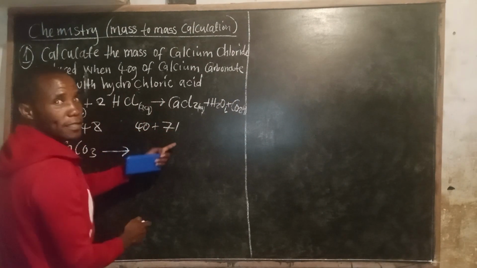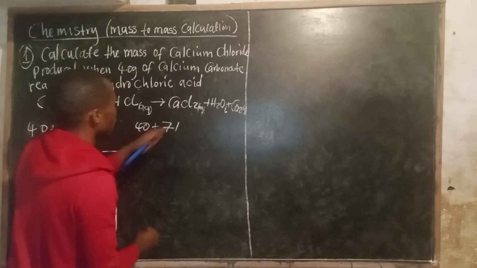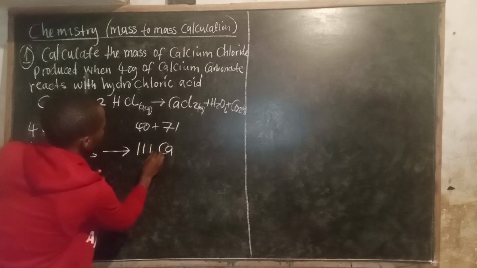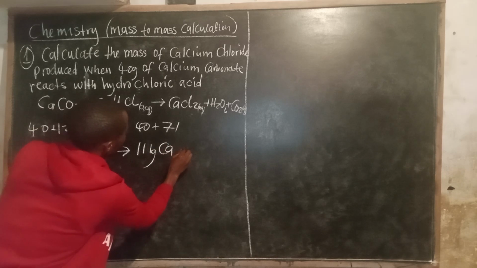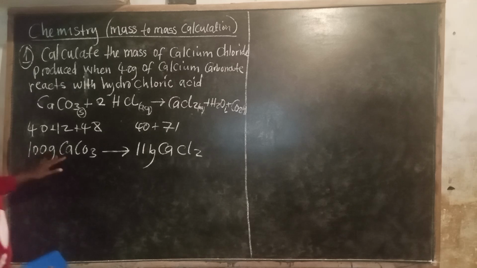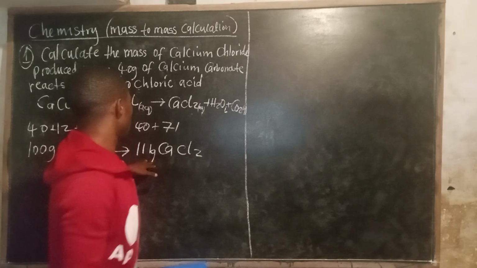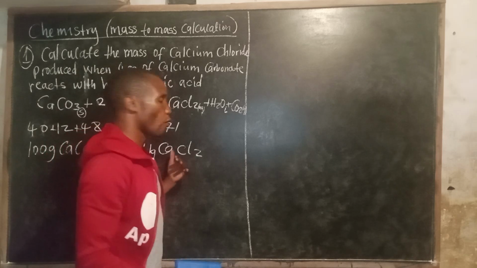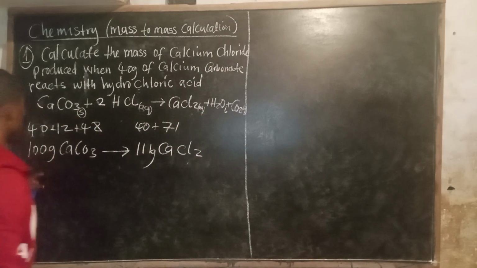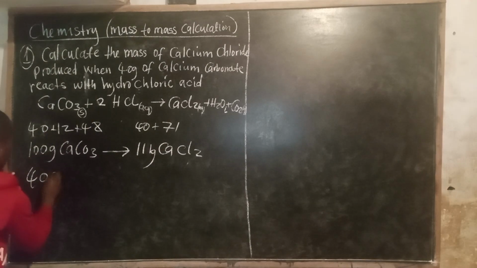So 71 plus 40, we are going to have 111 grams of calcium chloride. So that is what we have. So 100 grams of calcium carbonate gives us 111 grams of calcium chloride.